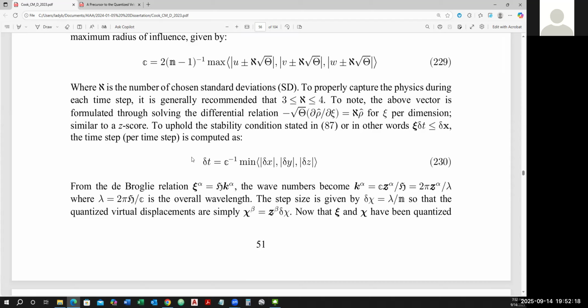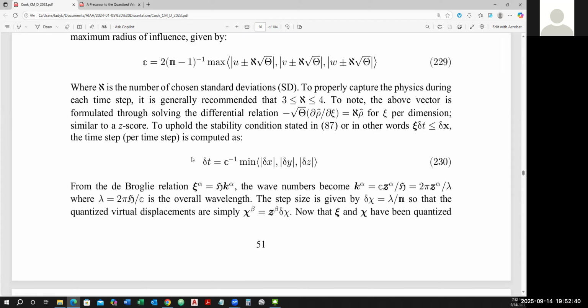If you want your code to be stable and spit out results that are physically meaningful, equation 230 is a must. So the time step size is not arbitrary and it's going to change. Every time step, your delta t is going to change.